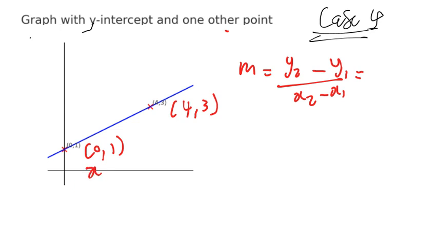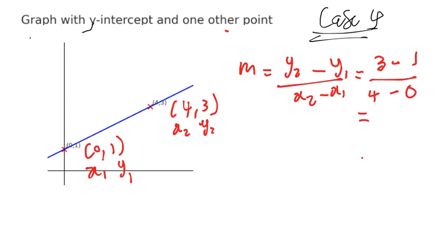I'll call this x1, y1, and x2, y2. Then Mr. Thwala is just going to substitute the values into the equation. y2 is 3 minus y1, which is 1. x2 is 4. Be careful when you do this. x1 is 0.